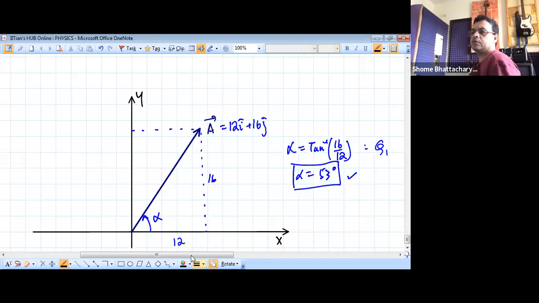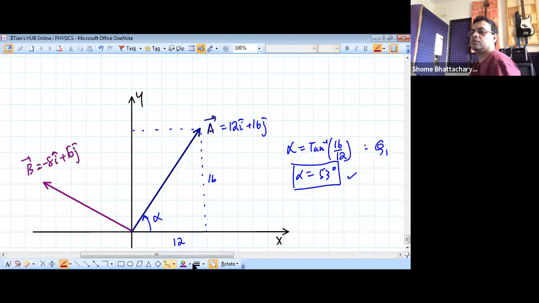So the vector B was given to us as minus 8i cap plus 6j cap. So that vector B would look something like this.